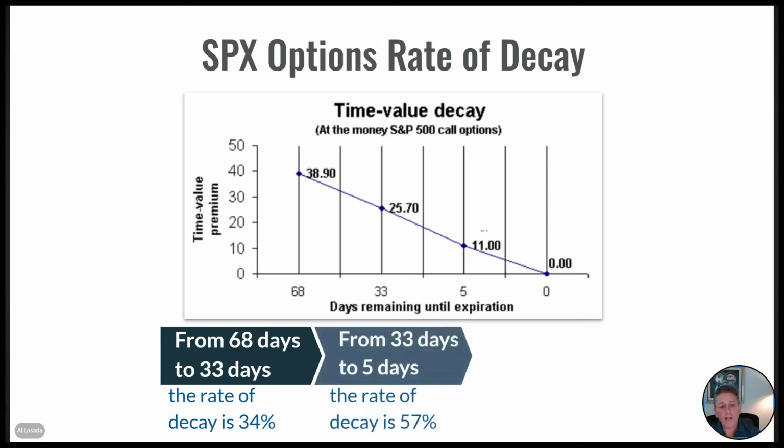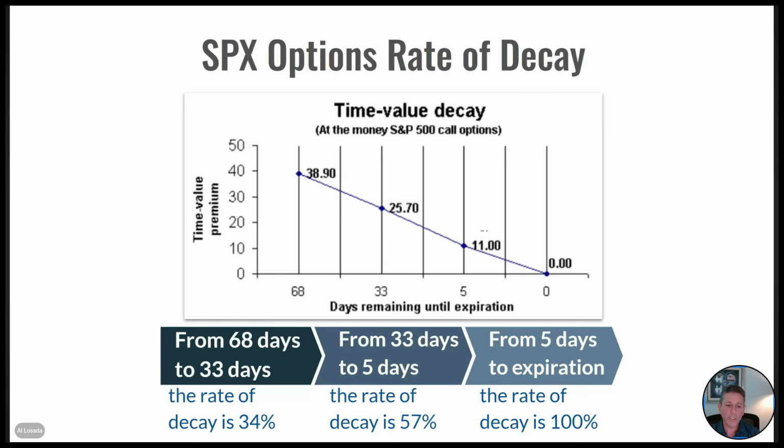From 33 days to 5 days, the rate of decay is 57%, and from 5 days to expiration, they decay 100%. With 0DTE, you're basically trading from 9:30 to 4 o'clock, and that's how you get your money, as long as you're in that range.